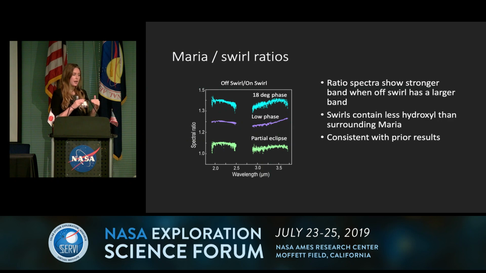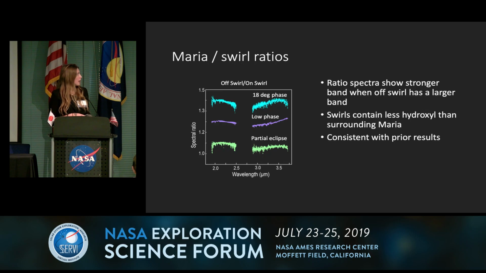So when you see an absorption feature here, that's stronger when the off-swirl spectra has a stronger feature, and weaker when the off-swirl spectra has an on par or less strong feature than the on-swirl material.